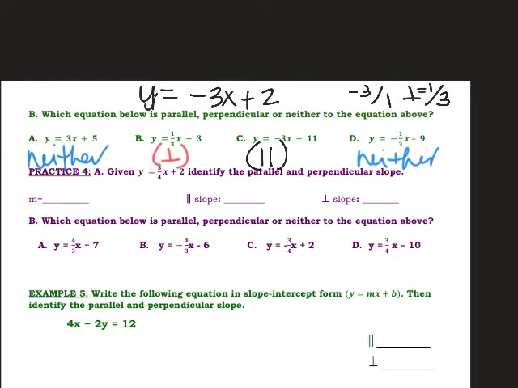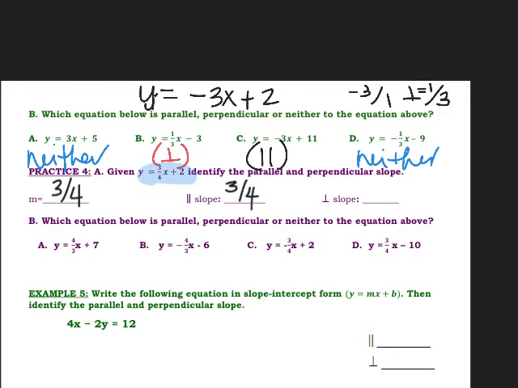Okay. So you're going to do the same thing with practice 4. You're going to identify the slope, the parallel one, the perpendicular one, and then identify what they are on part B. All right, so the equation we're focusing on is this one here. What is the slope of the equation? 3/4. If it's parallel, do I change it?